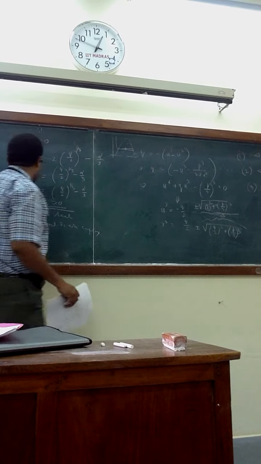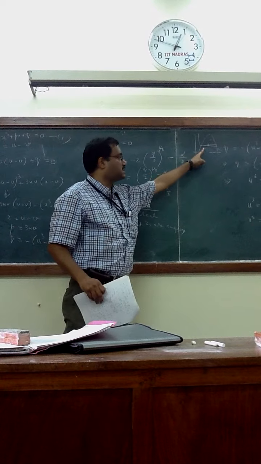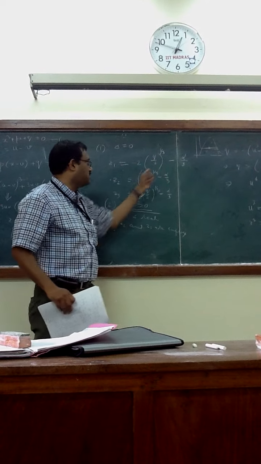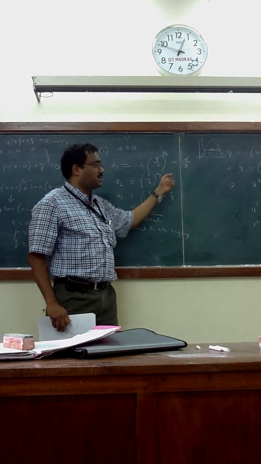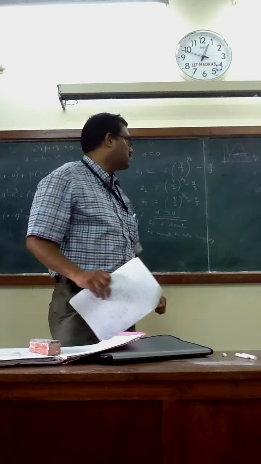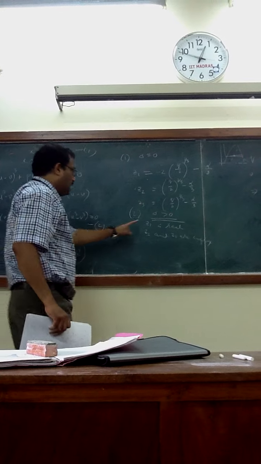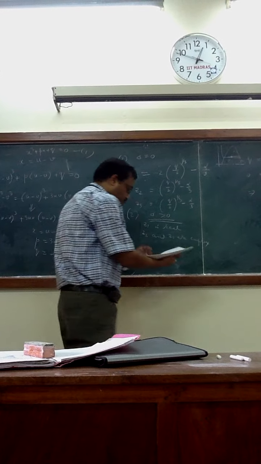In fact, this solution you will not get in this case. This case will be different because here Z2 and Z3 will not be similar, because V is different, so Z will be different. So this case will be somewhere else. We have to see which case we will be presenting. But delta greater than 0 means Z1 is real and Z2, Z3 are complex.